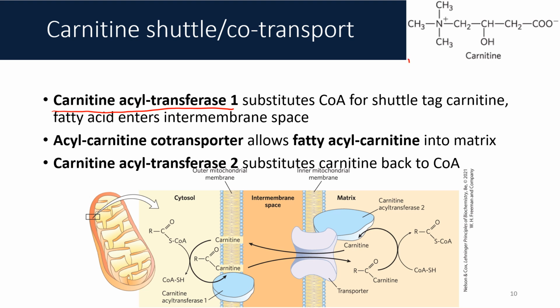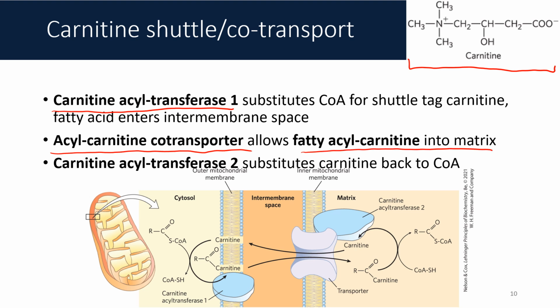And this here is a picture of what carnitine looks like. We do this because the mitochondrial membranes have special channels called acylcarnitine transporters that recognize carnitine really well. And their job is to specifically pump fatty acylcarnitine into the matrix.